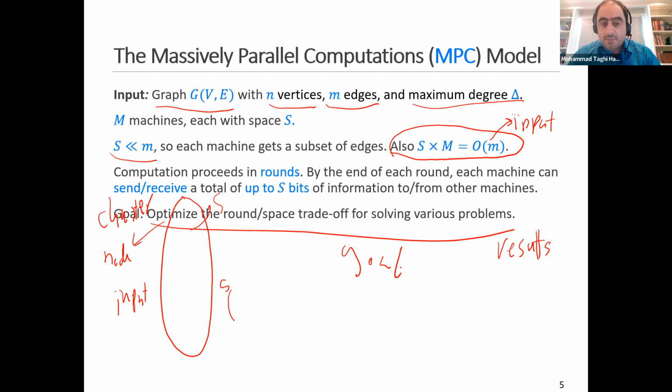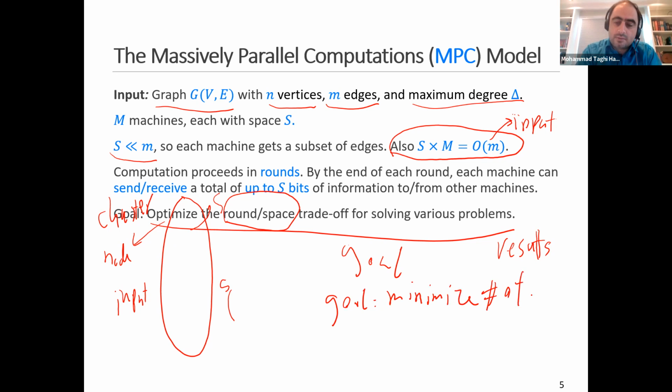And at the same time, you need to have this restriction. There is a trade-off between rounds and the space. Why? The main goal is to minimize the number of rounds.